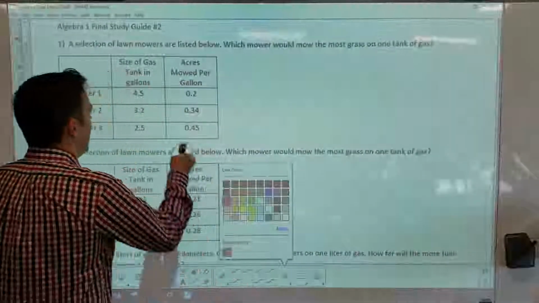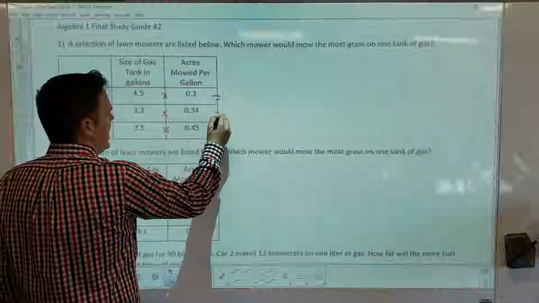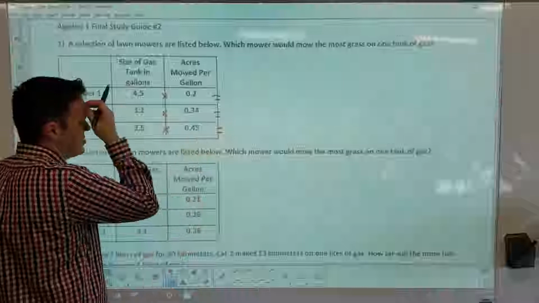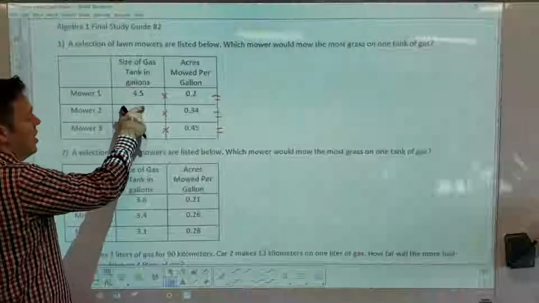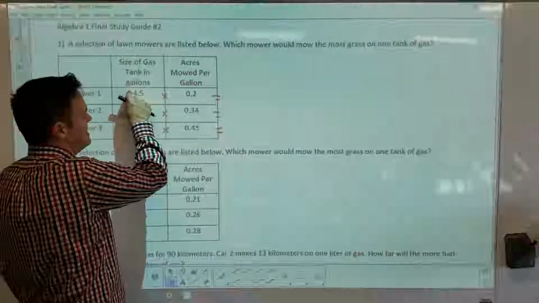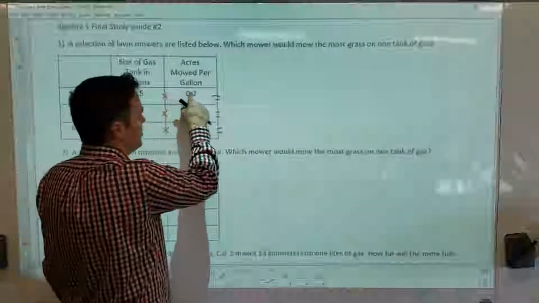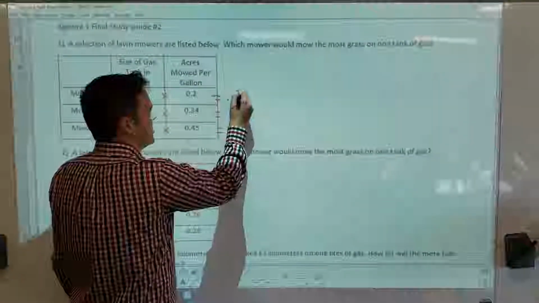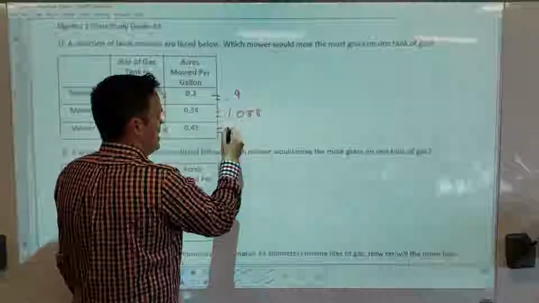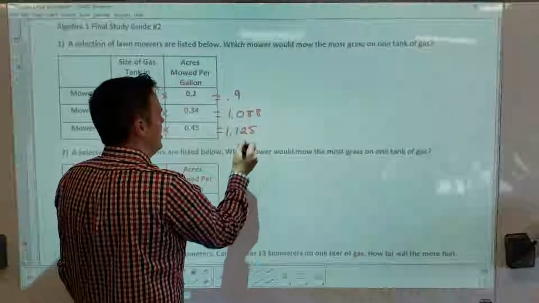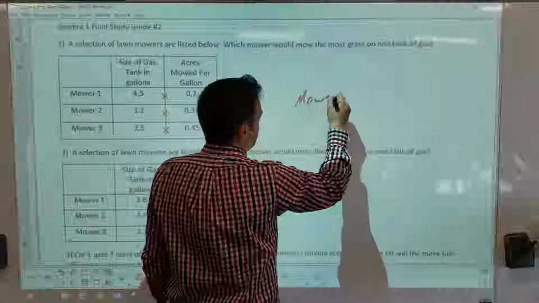So you could multiply these two numbers together, and that's how you would come up with a sequence. This is how big a tank of gas you have, and for this tank you can mow this many acres per these gallons. If you multiply these two numbers, you'll get your answer. So this is 0.9, you put it in a calculator, this is 1.088, and this one's 1.125. So the answer to which mower mows more grass would be mower 3.